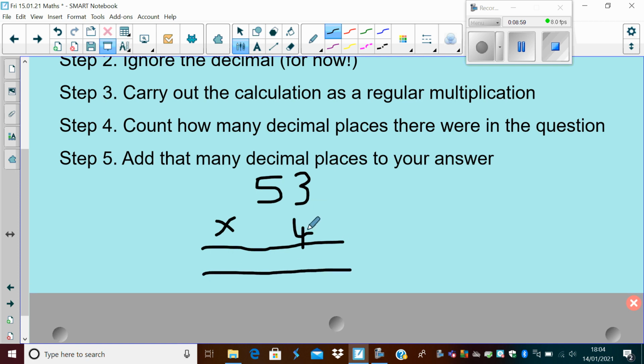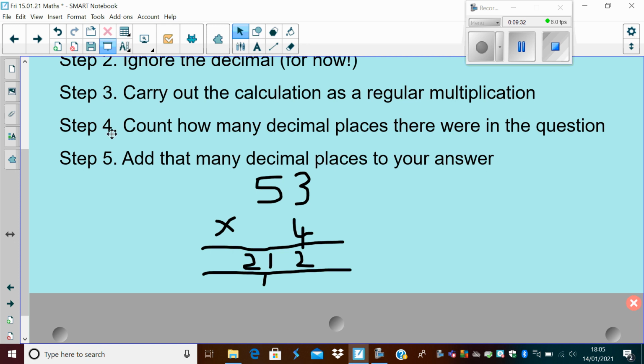So let's say, and now, step 3, carry out the calculation as a regular multiplication. 4 times 3 is, that's right, 12. 4 times 5 is 20, plus the 1, 21. Okay. So can you remember what we said my estimate of my answer was? We said it was going to be a bit more than 20. So at the moment, my answer is 212.